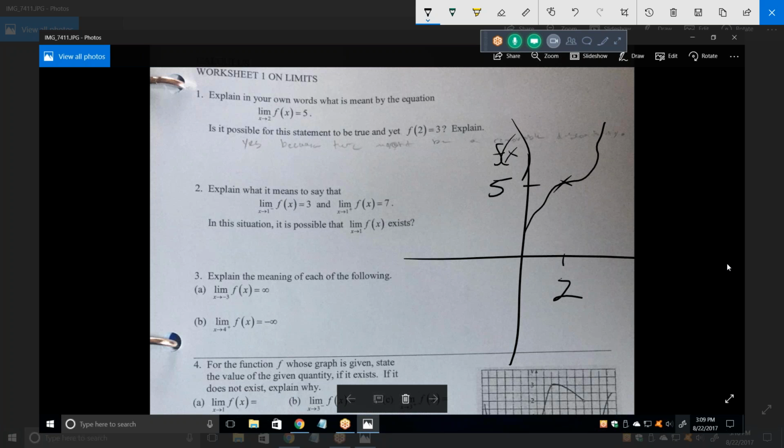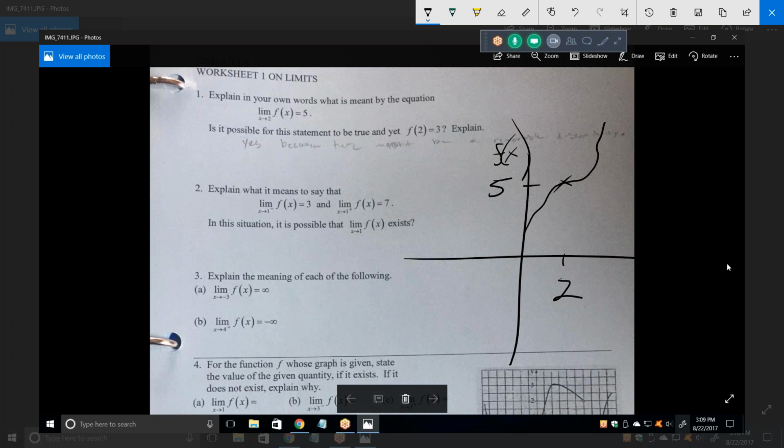Now, it approaches it from either direction, correct? In other words, if I approach 2 from the left, f of x approaches 5. If I approach 2 from the right, f of x still approaches 5.